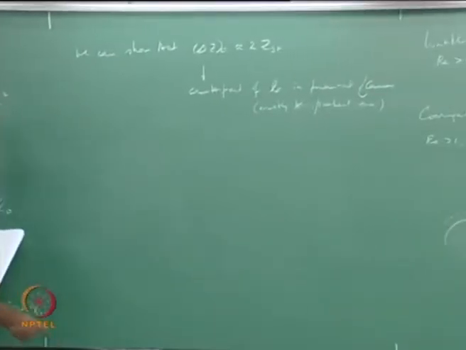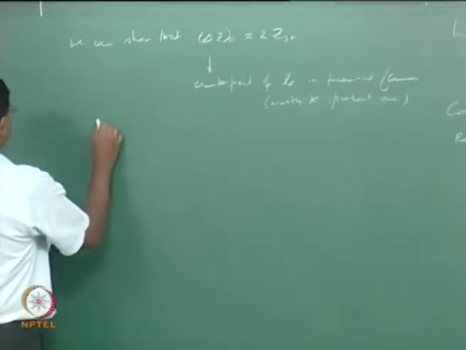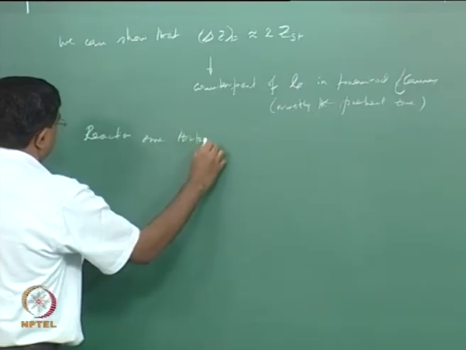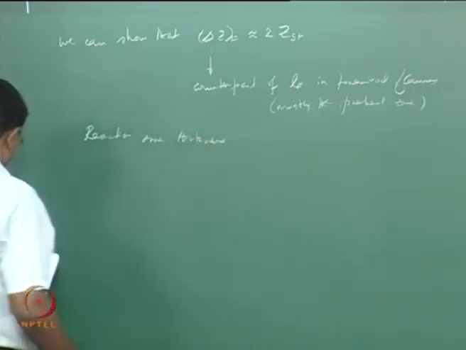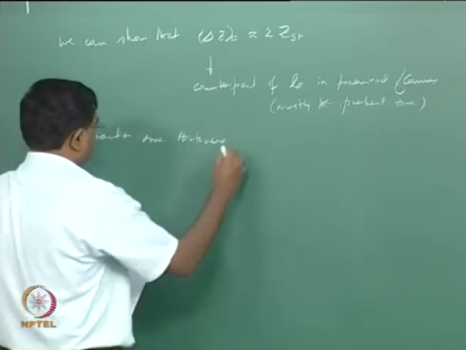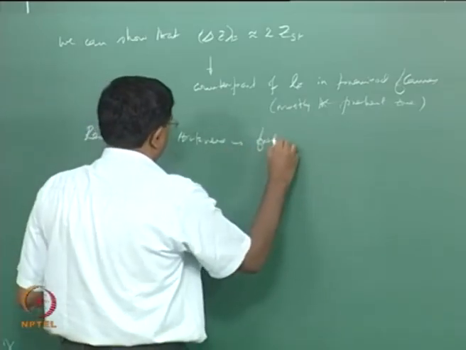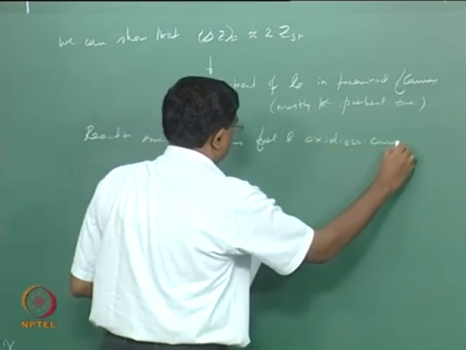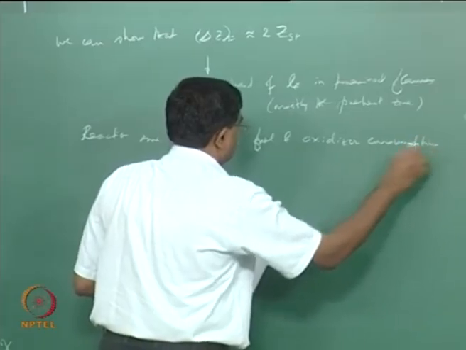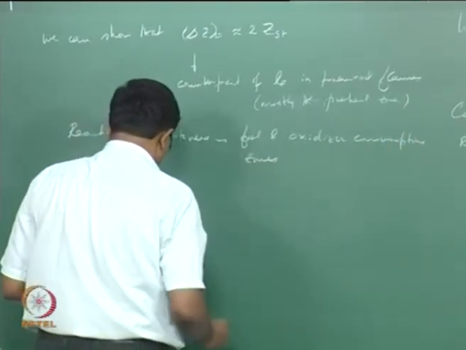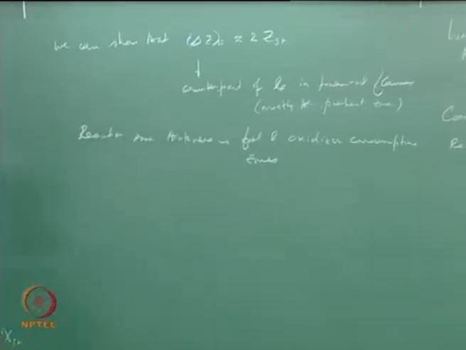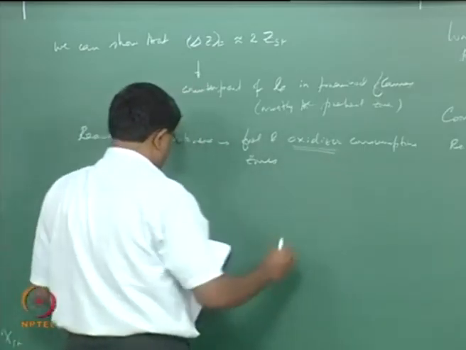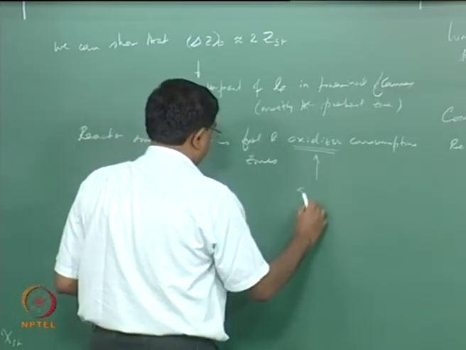Now the reaction zone thickness, on the other hand, right, so this is the one where you have the fuel and oxidizer consumption zones, right, and we would like to point out that the oxidizer consumption zone is actually quite larger in reality.